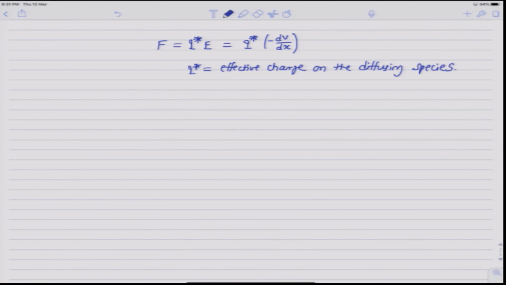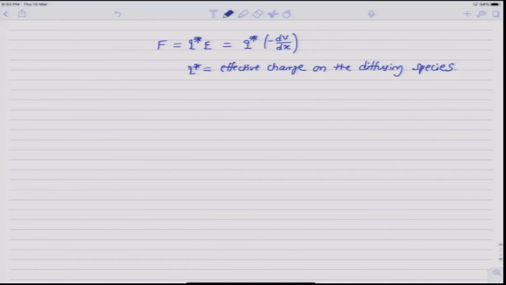For ionic compounds, this effective charge will be essentially the charge on the ions, but in metals it is not actually the charge on the metal ions, but these effective charge values have to be determined experimentally.